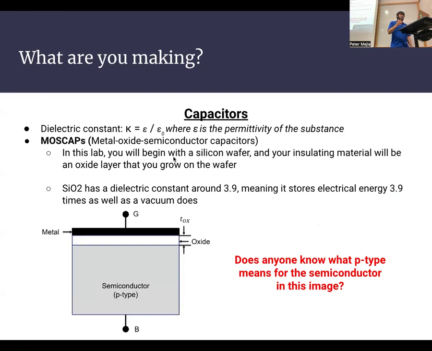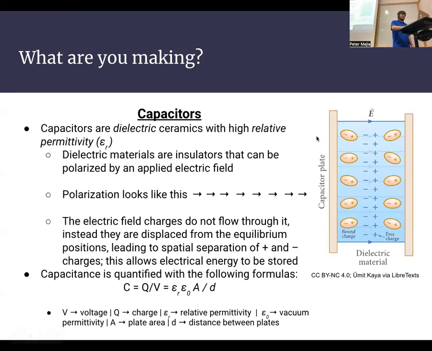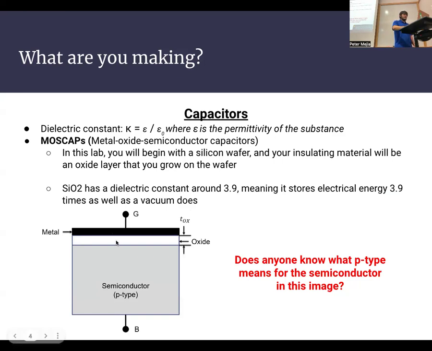So MOS caps stands for metal oxide semiconductor capacitors. In the summer lab, you're going to begin with a silicon wafer, and your insulating material, so that dielectric, is the oxide layer that you grow on top of that wafer. So you have this oxide here. You can see it's a similar setup, except we flipped it a little bit, and we have the gate and the bulk, or the bottom, whatever you're going to call it.